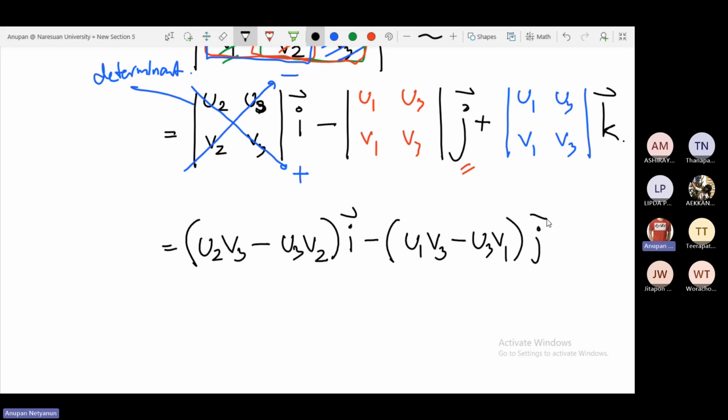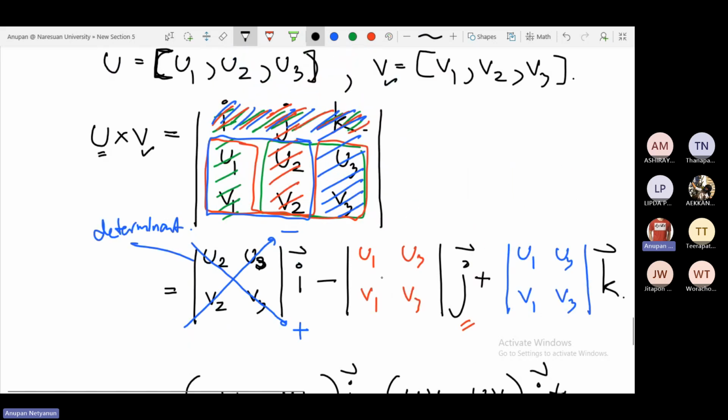J. And then plus this one diagonal downward, which is U1 V3, minus diagonally but upward, so you have U3 V1. Okay. So that is the result of the cross product.